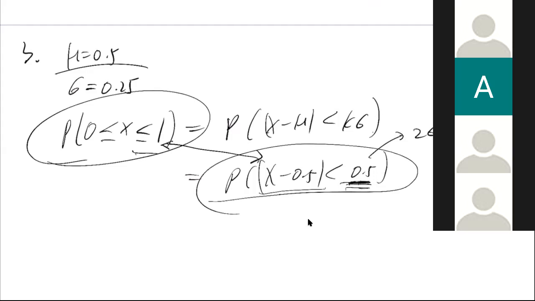And we know that 0.5 is 2 sigma. So the problem becomes x minus mean less than 2 sigma. And we know that this is greater than 1 minus 1 over k squared, which is 1 minus 1 over 4, which is 3 over 4.